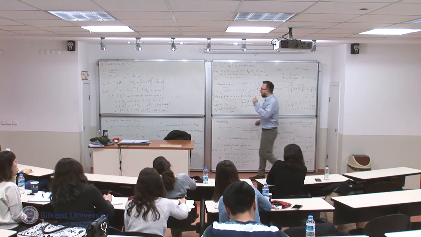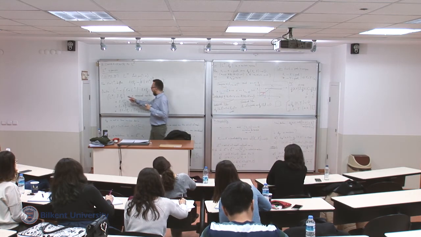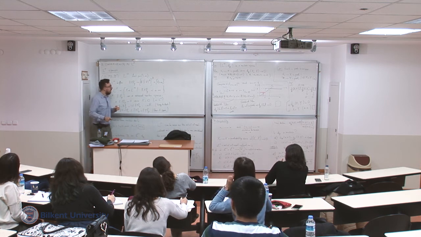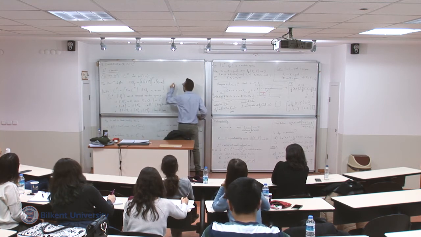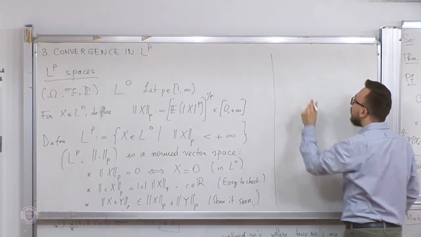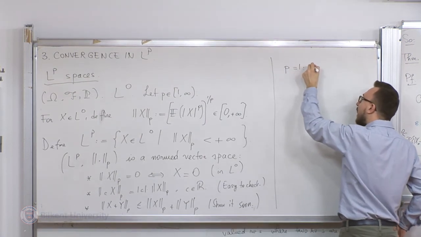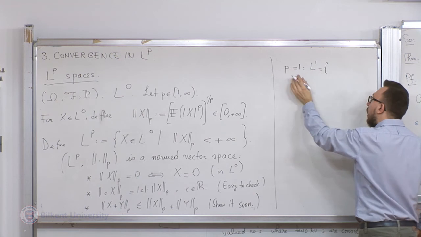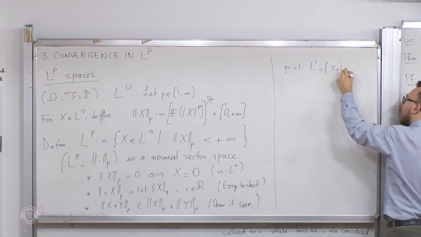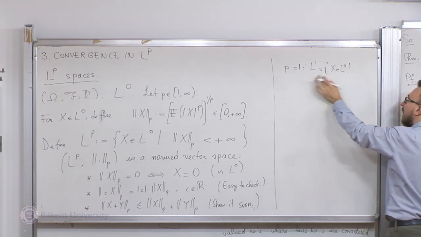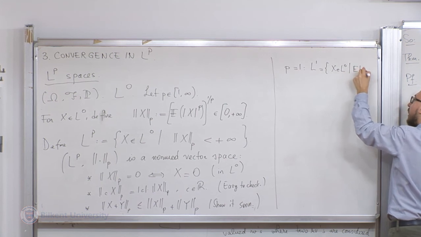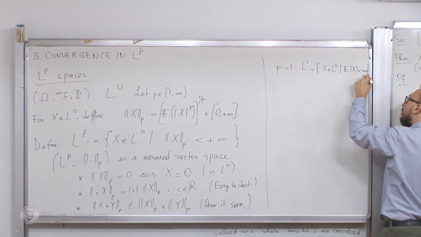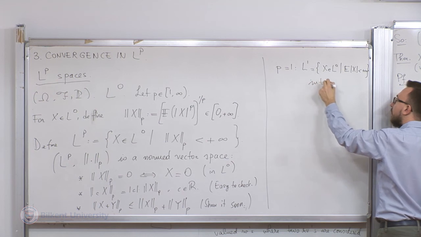And we now have that L^p with its L^p norm is a vector space. So the two important special cases are 1 and 2. In the case of 1, you have just random variables with finite expectation, integrable random variables.